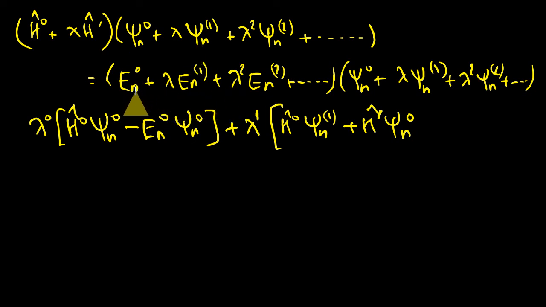So here is one, en 0 lambda psi n 1, so it is minus en 0 psi n 1. Then the next one is lambda en 1 psi n 0, so we can write minus en 1 psi n 0.